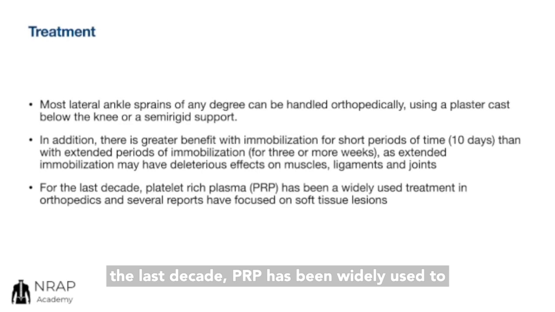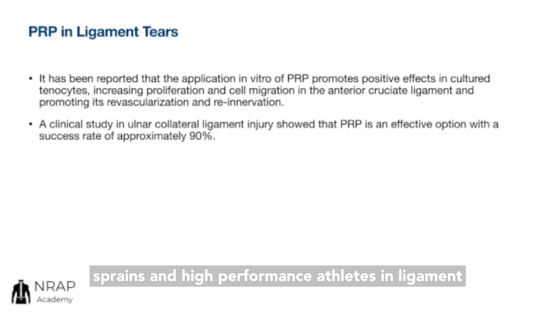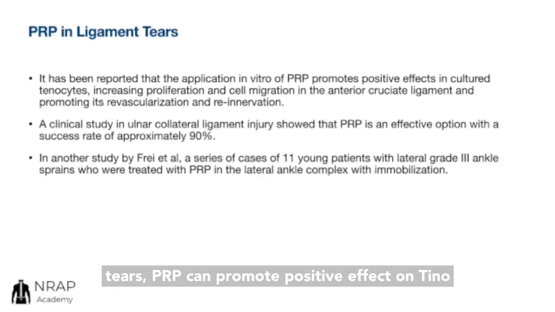For the last decade, PRP has been widely used to treat orthopedic lesions, and it's been reported in the literature to be used for ankle sprains in high-performance athletes. In ligament tears, PRP can have a positive effect on tenocytes in culture, increasing proliferation and cell migration, in the ACL for example, with revascularization and reinnervation.